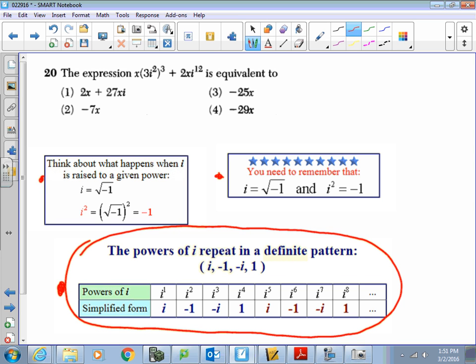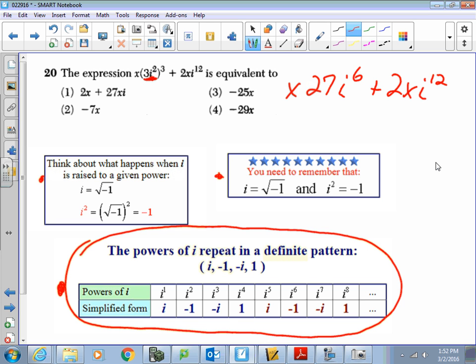If I'm dealing with the expression in this problem, just remember only the 3i to the second power, squared, is raised to the third power. So that's going to be x times 3 to the third, which is 27, times i squared all to the third, which is really i to the sixth. And there's no power number here, so that's plus 2x i to the 12th.